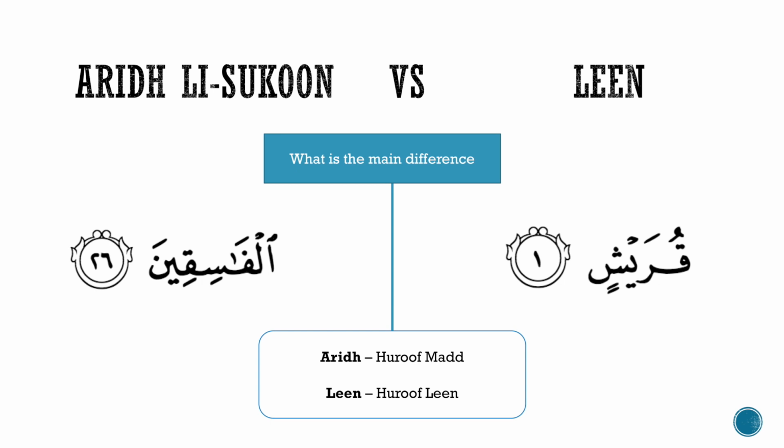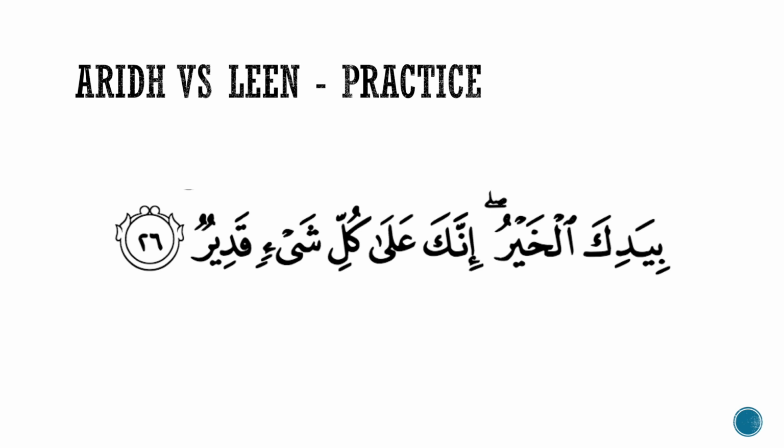So as we can see the word al-fasiqeen, an example of ya madda. Huruf leen are to do with the letters ya and waw, which are both preceded by a fatah. And the example we have is the word Quraysh. So let's practice from another ayah of the Quran.